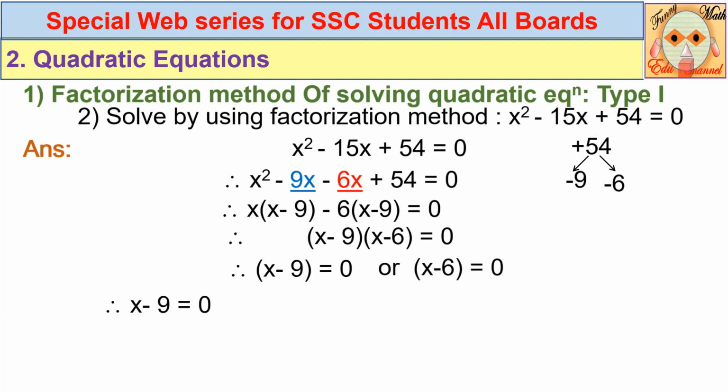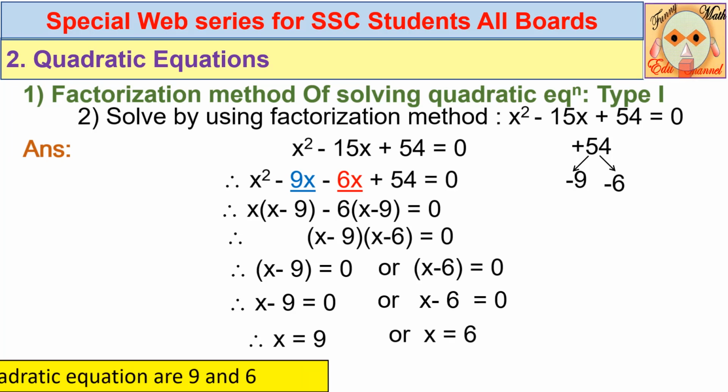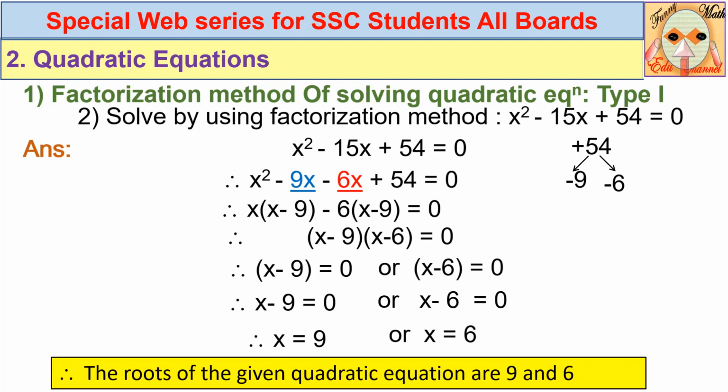Now open the brackets, write the steps and shift that number minus 9 to the right, you get x is equal to 9. Similarly, you get x is equal to 6. In this way we get two roots, 9 and 6, of the given quadratic equation.